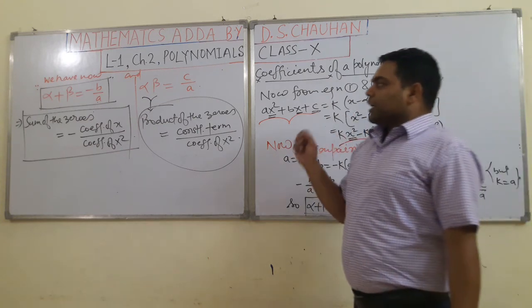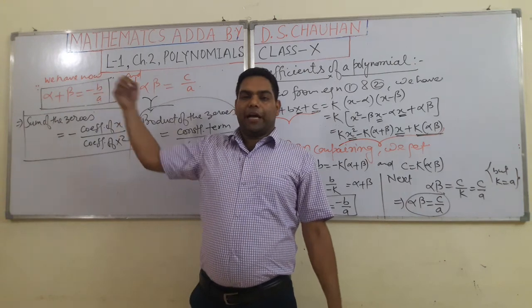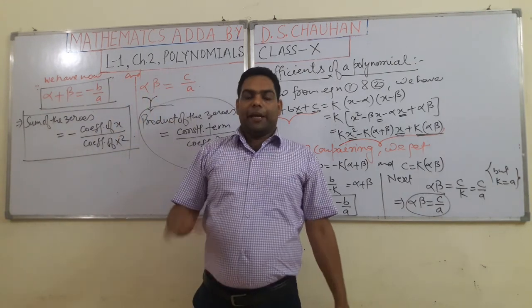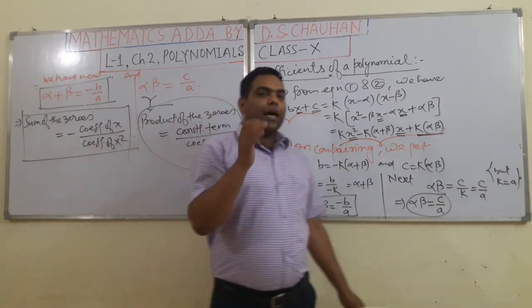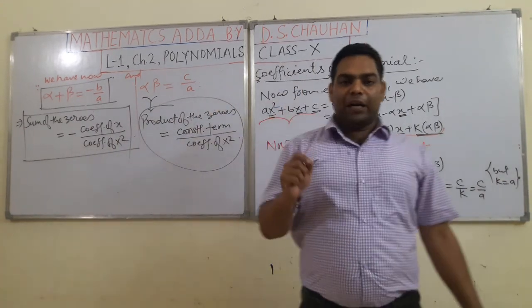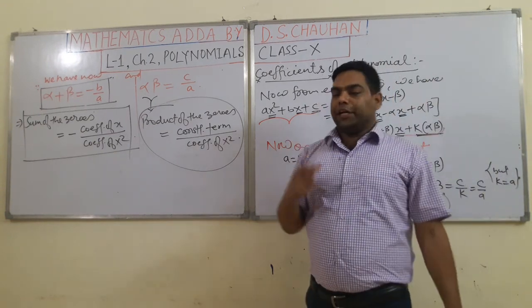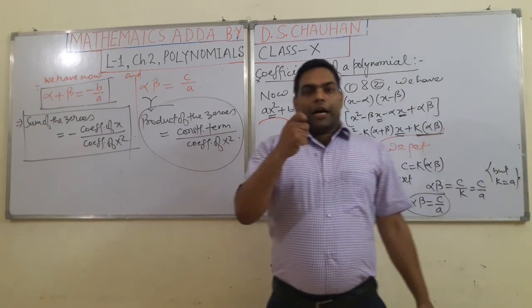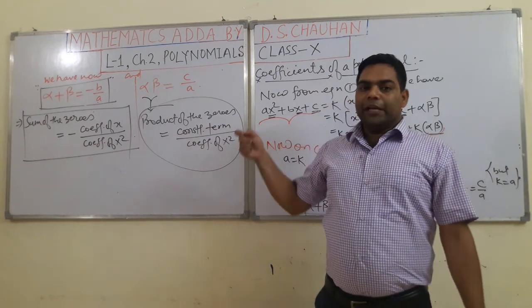Remember always, the sum of the zeros, that is alpha plus beta, is minus b upon a. Alpha beta is c upon a. If someone asks you that let alpha and beta be the zeros of a quadratic polynomial, then what will be alpha plus beta and what will be alpha beta? What will you tell? Sir, alpha plus beta will be minus b upon a, and alpha beta will be c upon a.